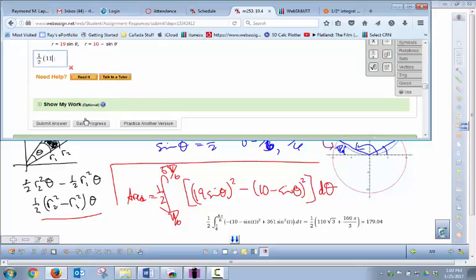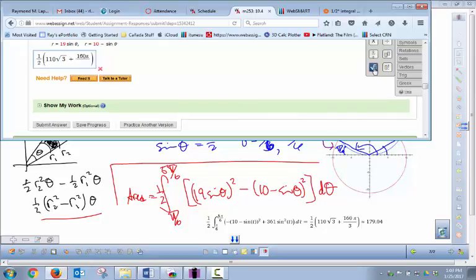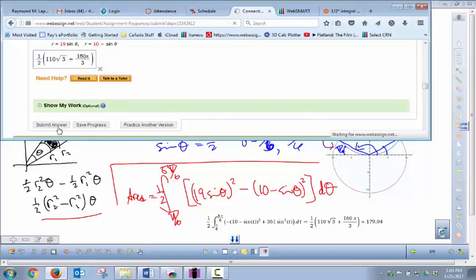So Wolfram says it's 1/2 times 110 square root of 3 plus 160 pi over 3. There you go.